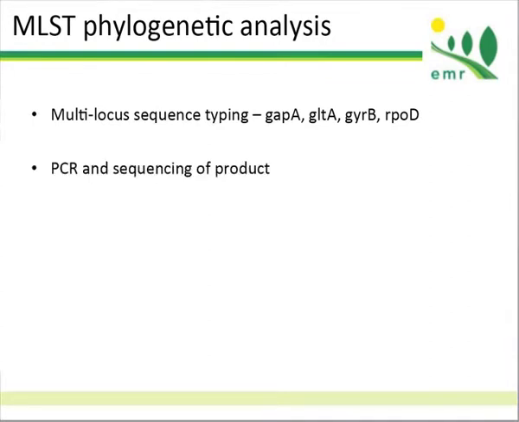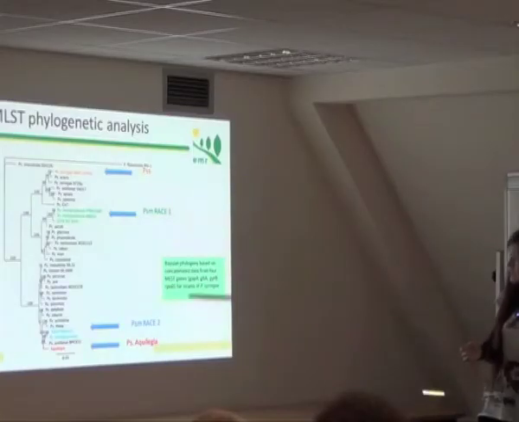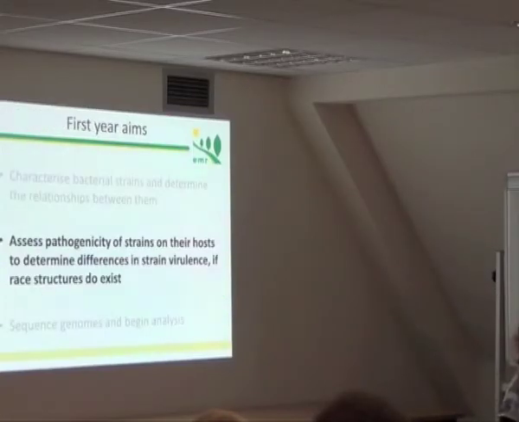I used PCR and then sequenced the products and then conducted an analysis on Geneious. And this is one of the trees that you saw earlier, which allowed me to assess the different relationships between my groups of strains and be able to decide the number of strains I would sequence, as I would want representatives from each of these 4 groups.